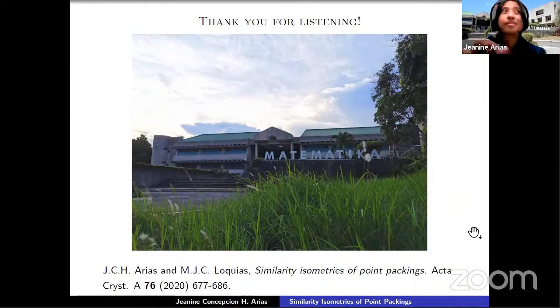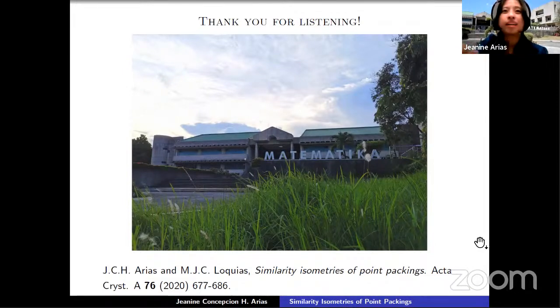There is already an example in 3 dimensions, in particular the diamond packing. It's part of my dissertation under Dr. Loquias.